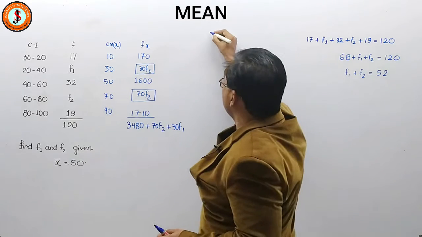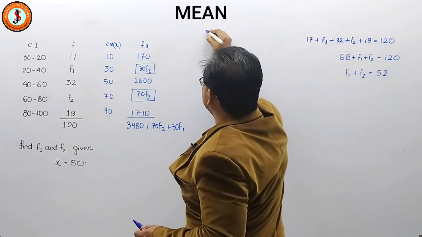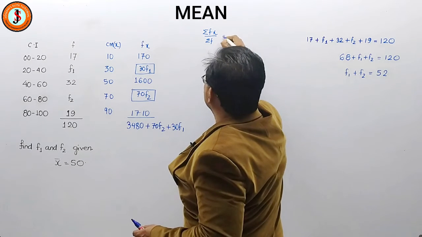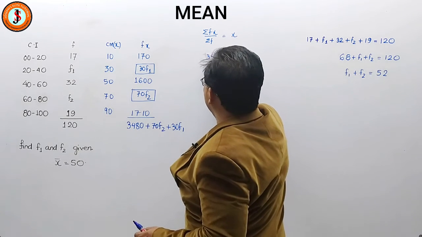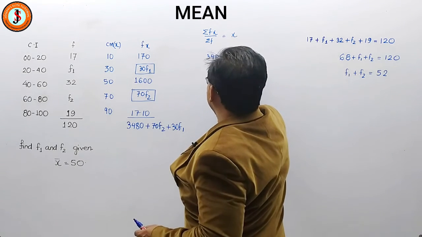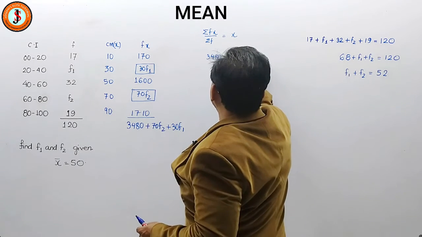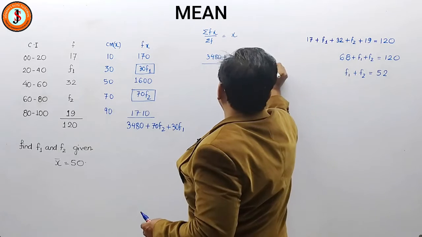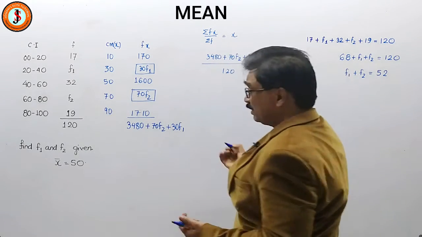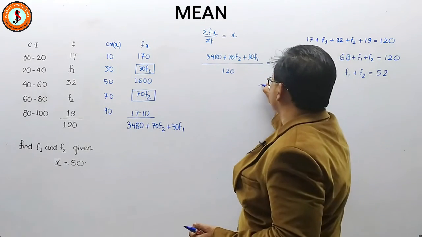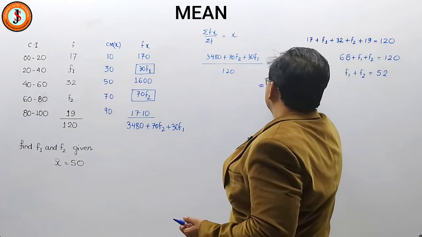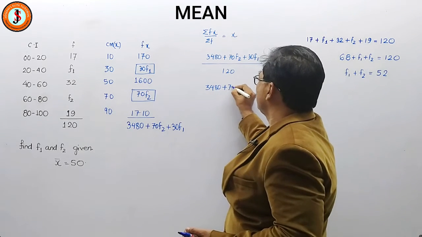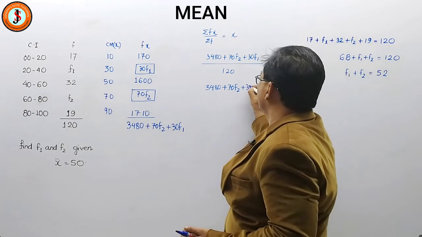So now we know the mean is equal to sigma fx by sigma f. So we get 3480 plus 70 F2 plus 30 F1 divided by sigma F, which is 120, equal to 50, the mean. So it goes this side, so this is 6000, and we are getting 3480 plus 70 F2 plus 30 F1.